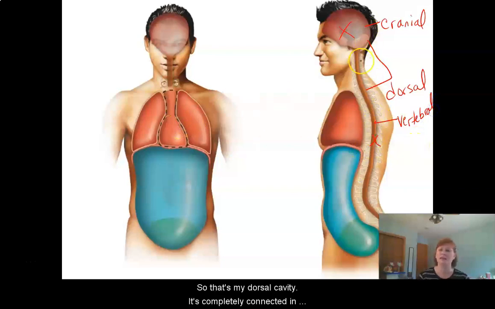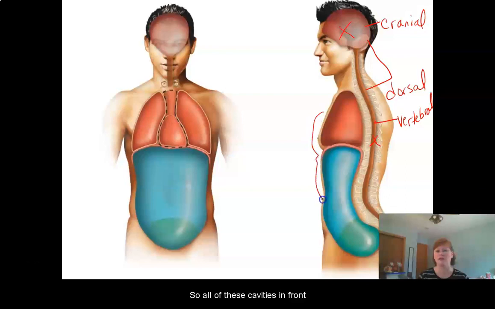It's completely connected in the back, so cerebrospinal fluid can flow between both cranial and vertebral cavities, but it is not connected at all to my ventral cavities. So all of these cavities in the front are my ventral cavities, and we're going to break those down further.